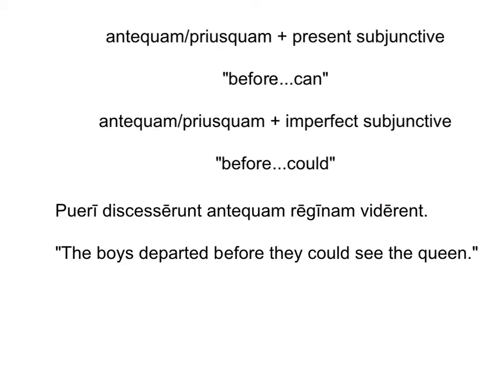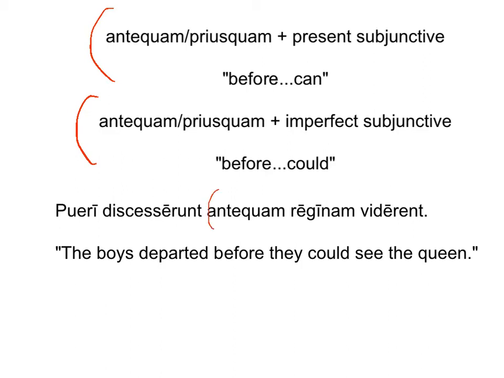With the subjunctive, it is going to be antequam or priusquam plus the present subjunctive, before ... can, and then antequam or priusquam plus the imperfect subjunctive, before ... could. So just remember these as pairs matching with the indicative version.